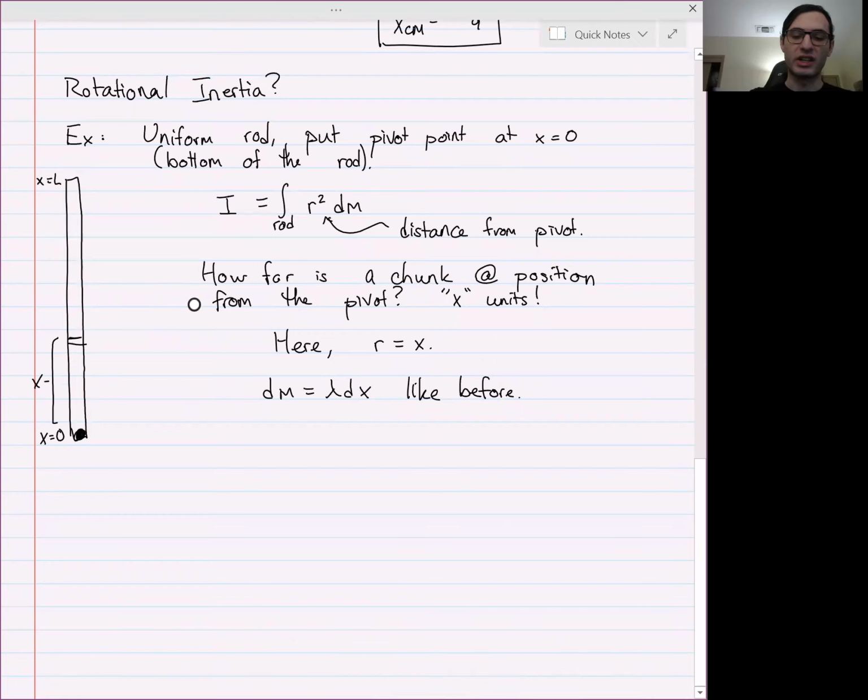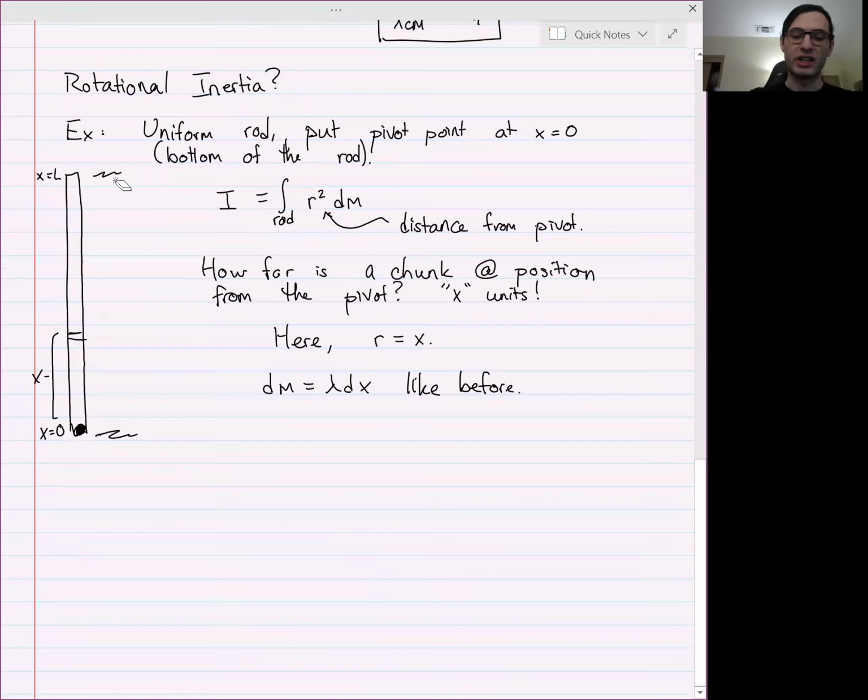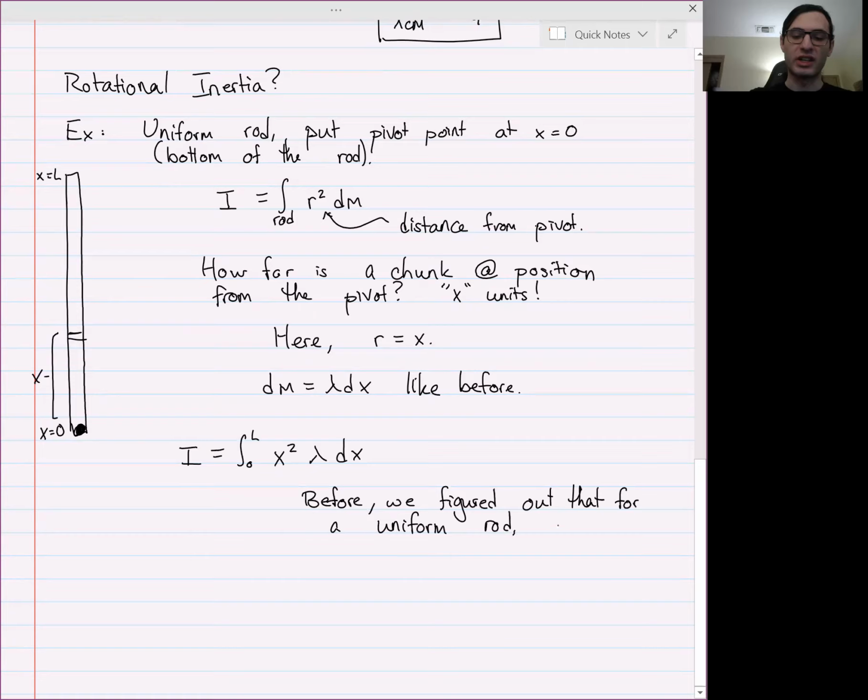So again, we want to integrate over the entire rod using the coordinate x. So that means we integrate from x equals 0 to x equals L. So let's do that. That means that I is equal to an integral from 0 to L of x squared lambda dx. Now, before, when we were doing this uniform rod business, we figured out that for a uniform rod, lambda is just equal to m over L. It's just the total mass divided by the total length.